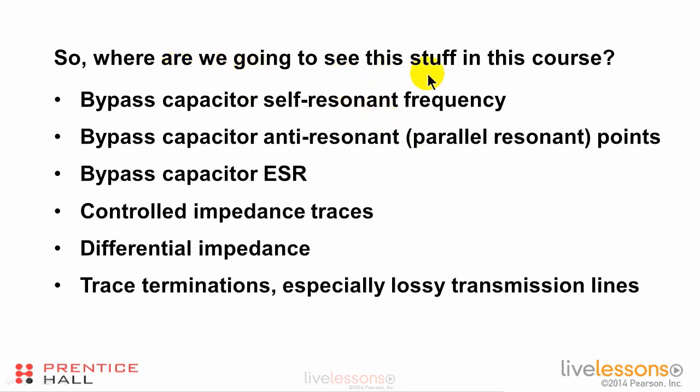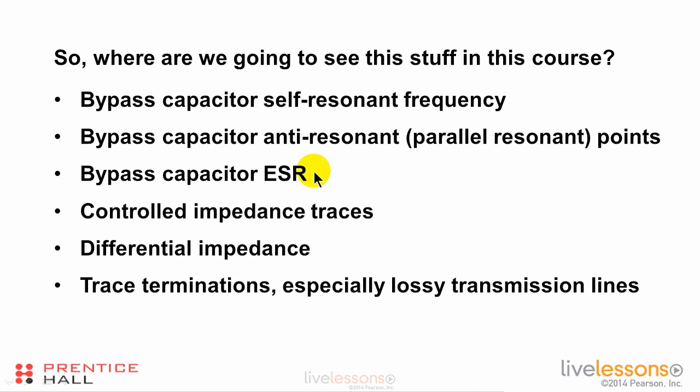So where are we going to see this stuff in this course? Well, bypass capacitor self-resonant frequencies, bypass capacitor anti-resonant or parallel resonant points when we combine two or more bypass capacitors in a circuit. Bypass capacitor ESR, when we have a bypass capacitor that has some lead and pad inductance and has some equivalent series resistance, all of a sudden becomes a little impedance circuit.